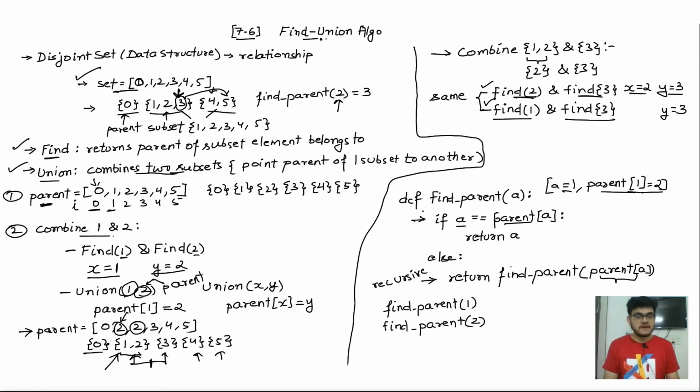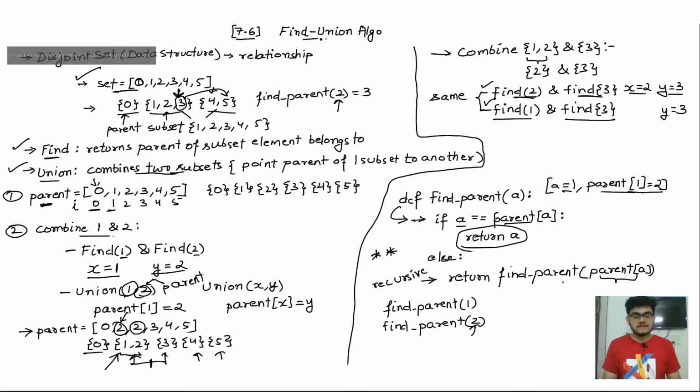So again the recursive call will come here. The value of a is now equal to 2, and parent of 2 is equal to 2, so it is going to return the parent, right? This is a very important step, which I am going to mark with a star, because it actually returns the parent.